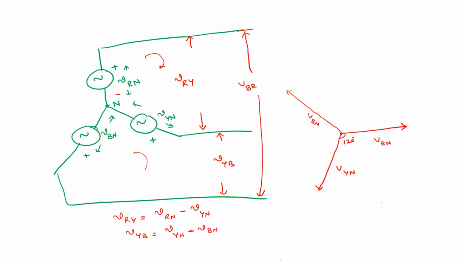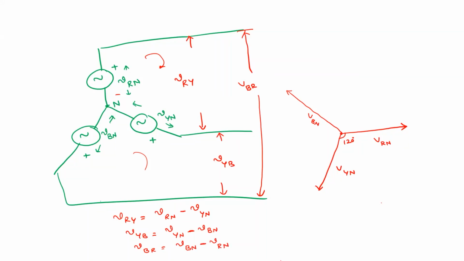Agree? Similarly, VBR will be VBN minus VRN, right? Yes, sir. Clear?